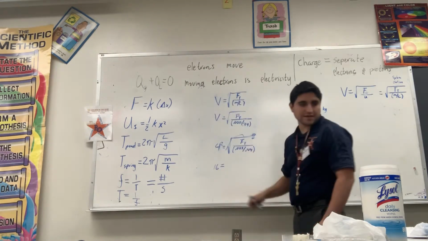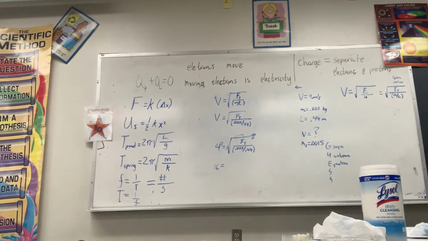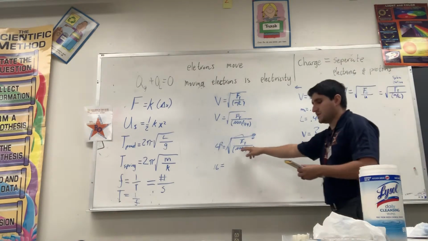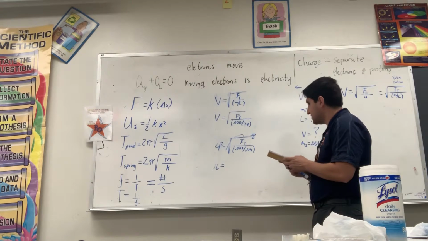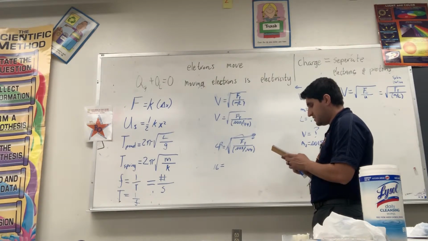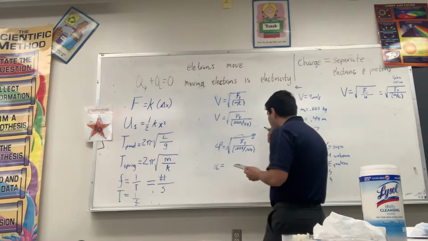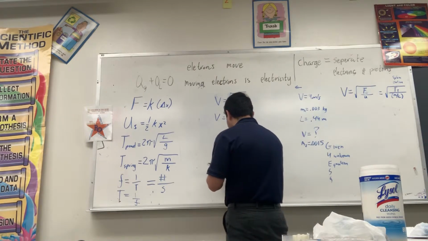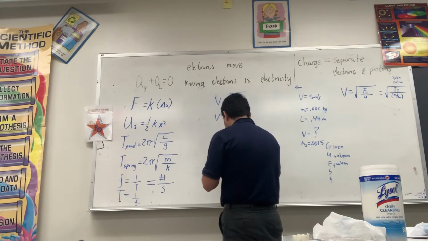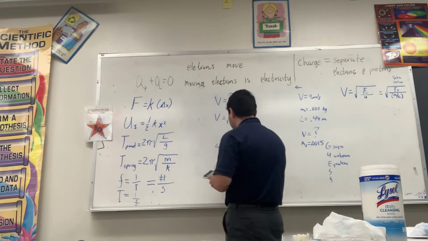And I'm going to simplify this because I really do hate fractions on the bottom. 0.003 divided by 0.44 is going to be 0.0068 tension over here.